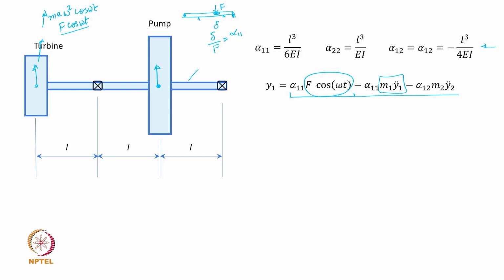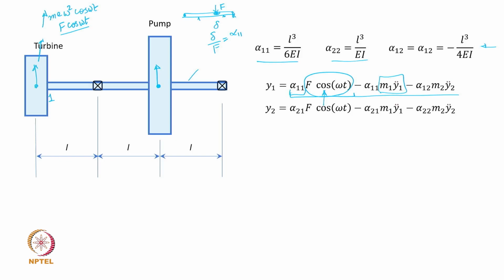If it is at location number 1, I think you can figure out whether alpha 1 1 and alpha 2 2 correspond to this or this. Wherever this force is applied, on whichever disc we are considering, the corresponding influence coefficient comes into the picture. If it is applied here, then that influence coefficient will be used in the expression, or the other influence coefficient like alpha 2 2. So, y1 would be written like this.